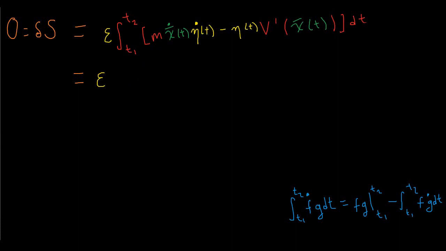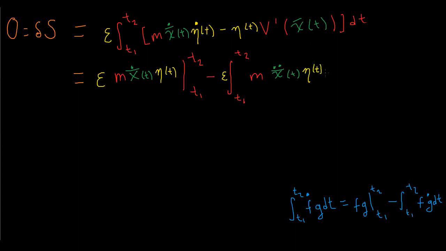So the first thing I have is epsilon times m x bar of t dot times eta of t, evaluated at t1 and t2, minus the integral, I still need the epsilon up front, minus the integral from t1 to t2 of m x bar dot dot of t times eta of t dt.